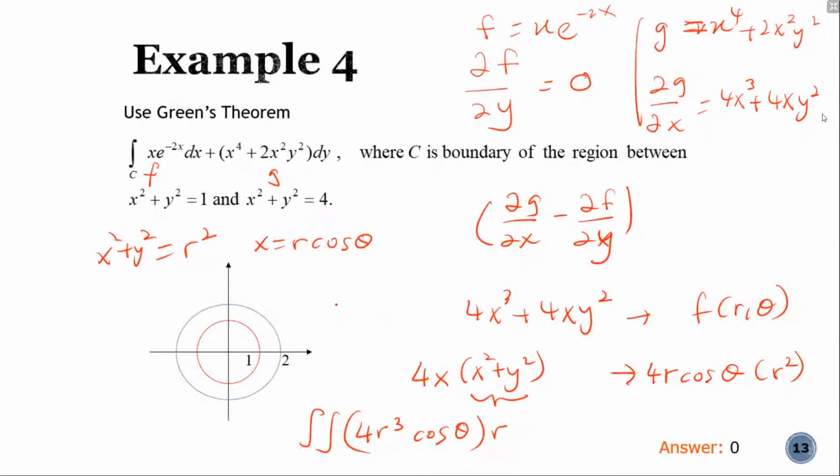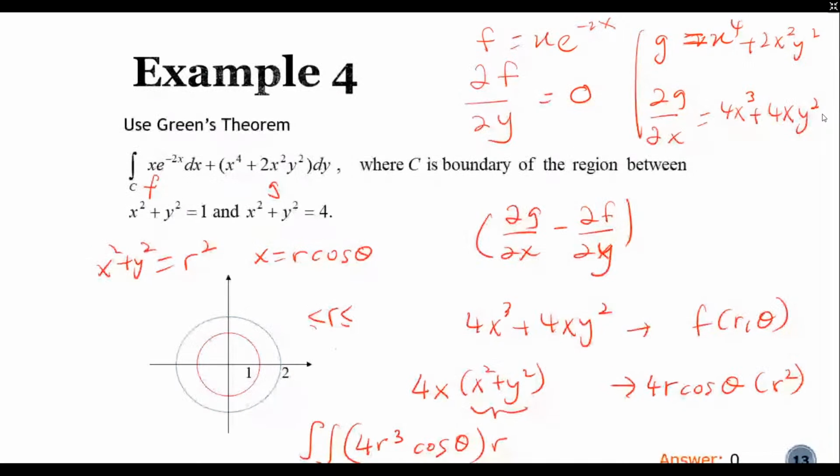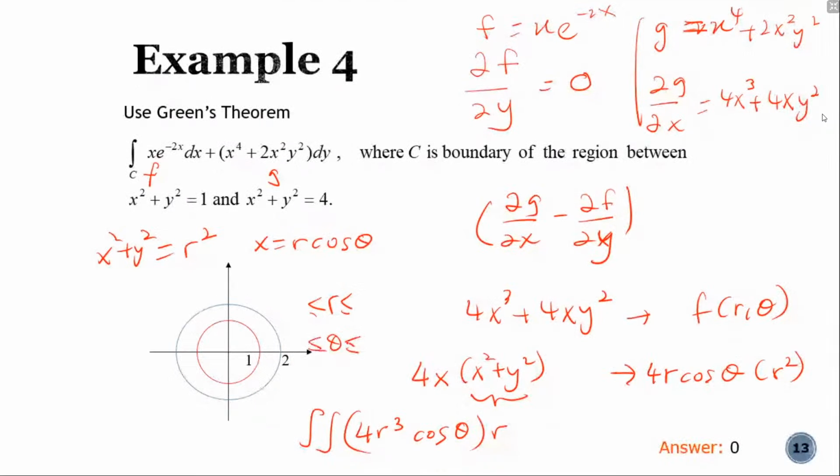Okay, so what is now the limit for your r and also your theta? Theta, because you notice here it is a complete circle, so 0 until 2 pi, but it said between these two circles only. So this is your region. So from here you know your r is from 1 to 2.